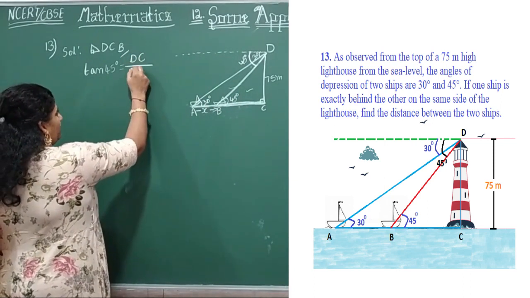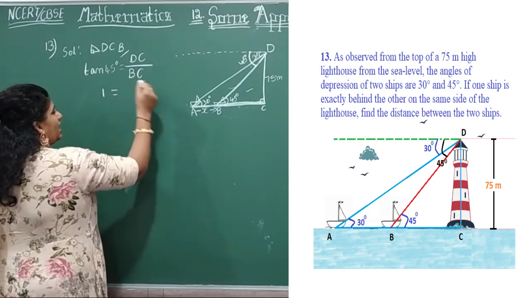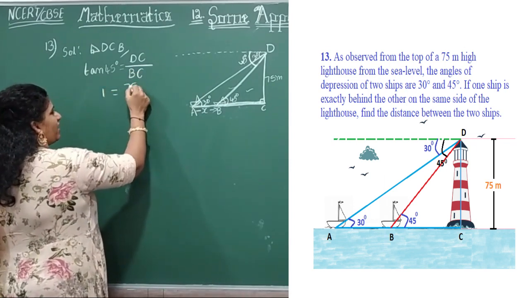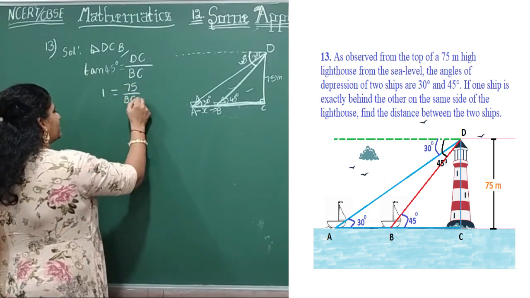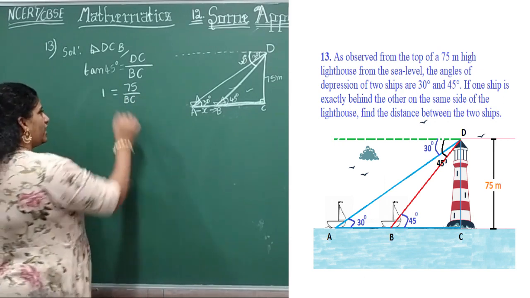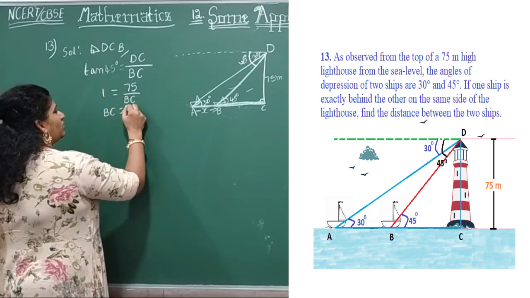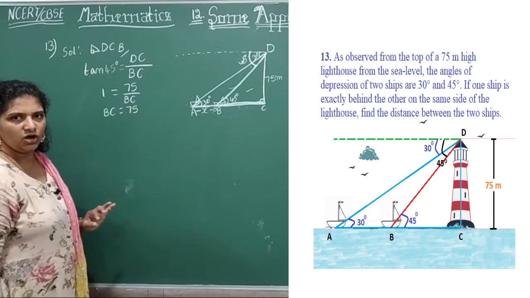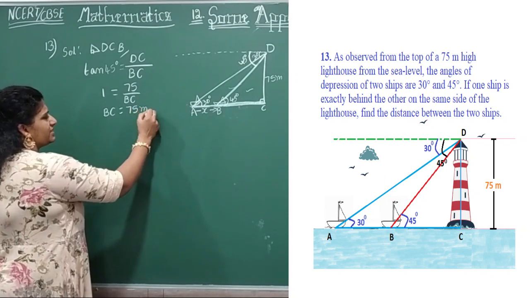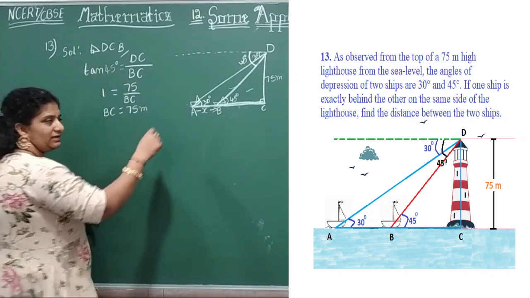DC by BC. Tan 45 value is 1 and DC value is 75 meter lighthouse. So BC we don't know. Let me assume it as BC. So now send this side. BC is equal to 75 meters. Okay, BC is also how much? 75 meters.